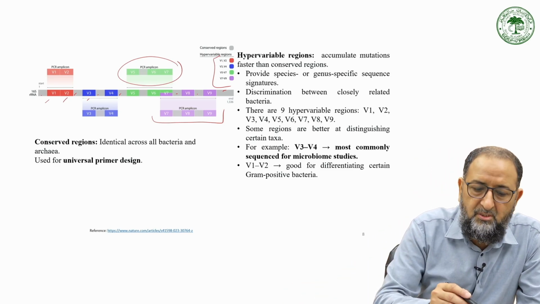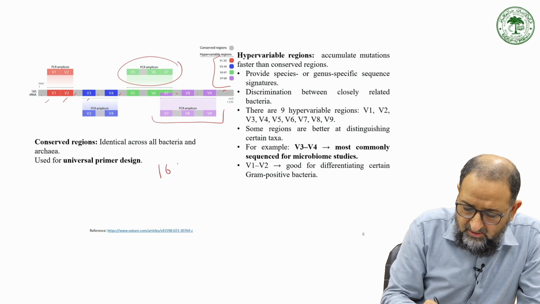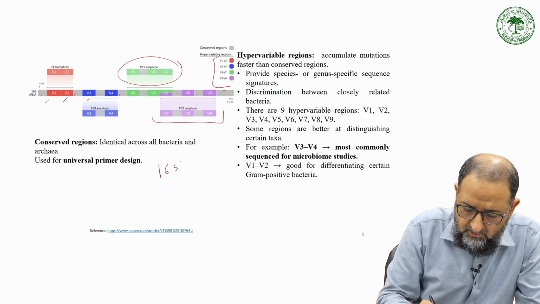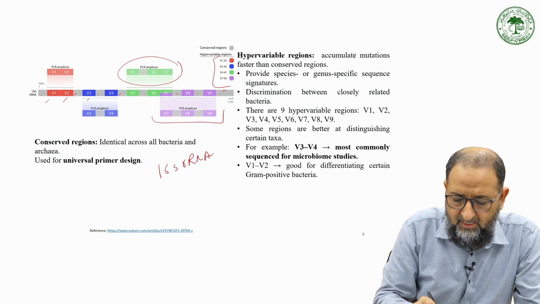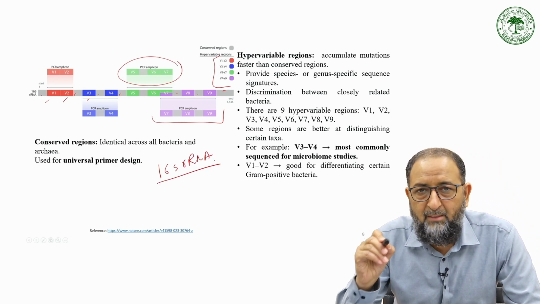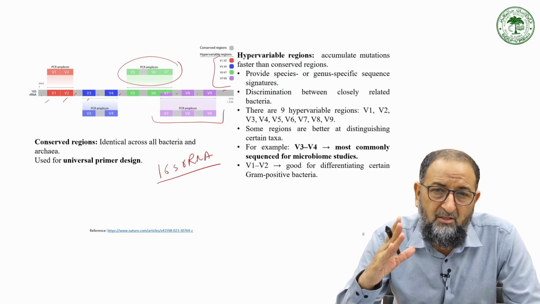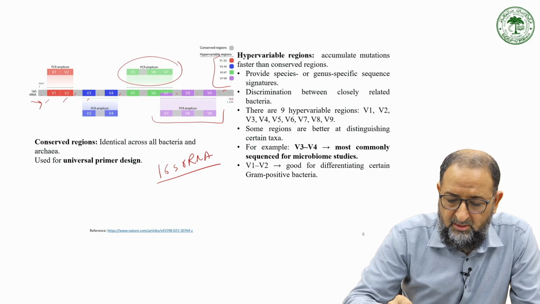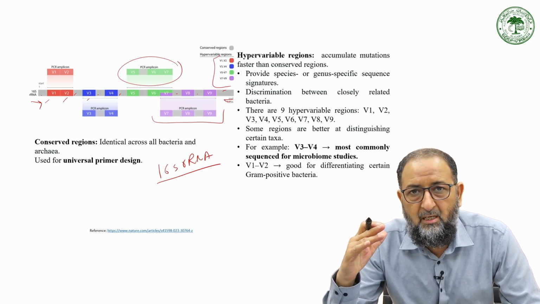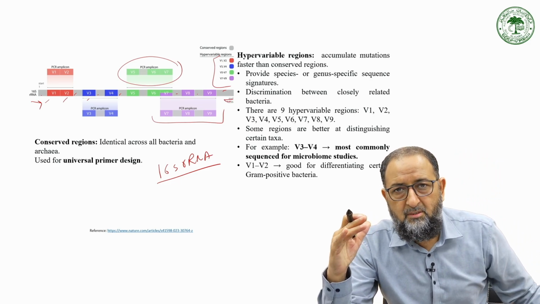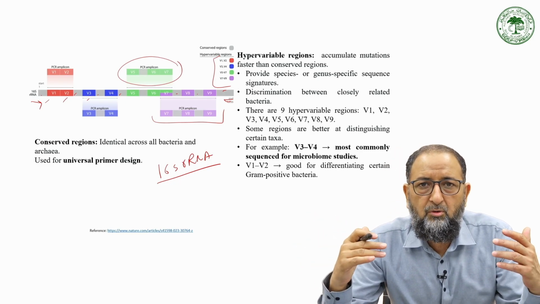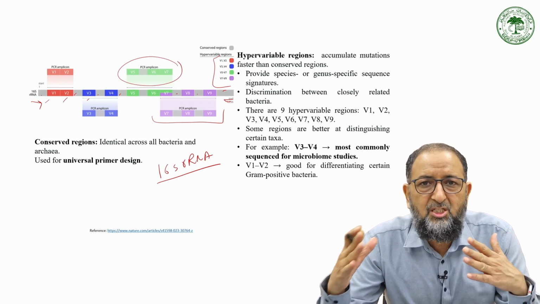So the beauty of this 16S rRNA is that the universal primer can be used. Once you identify it, you check the primer on either side, and these primers are conserved primers.